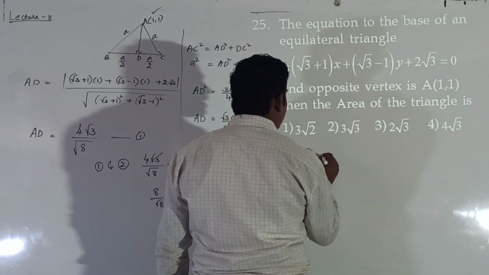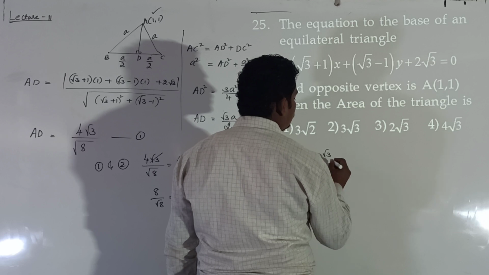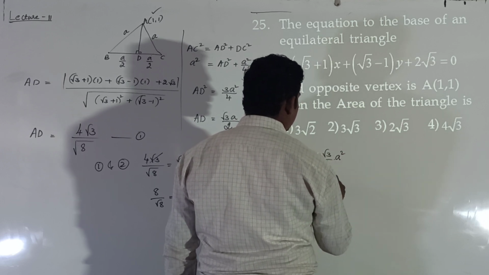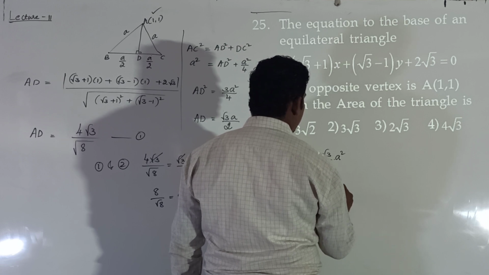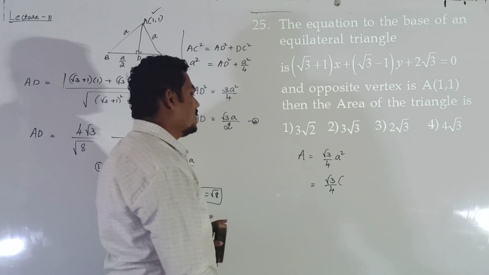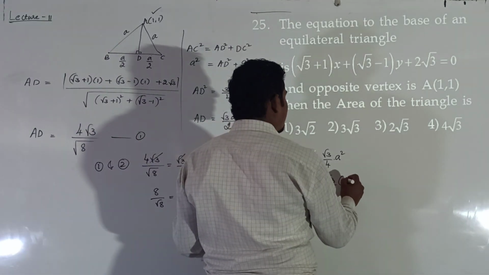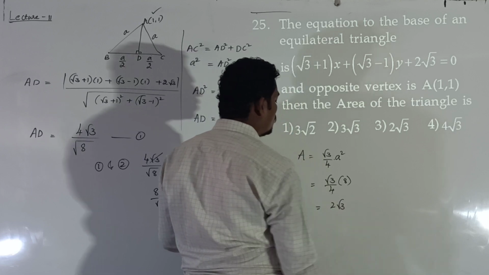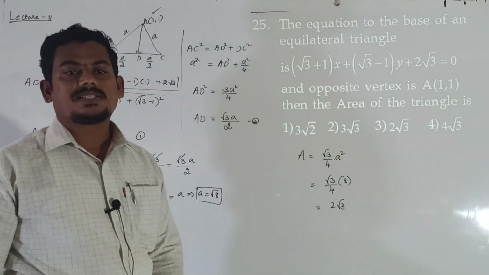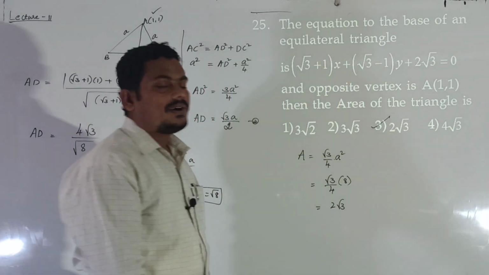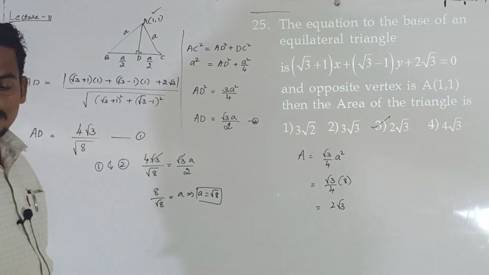You already know the area of an equilateral triangle formula, root 3 divided by 4 into side length whole square. What is the a square value? The a value is root 8, so a square is simply 8, then it will be 2 root 3 square units. The area of the equilateral triangle is that, third option, right?